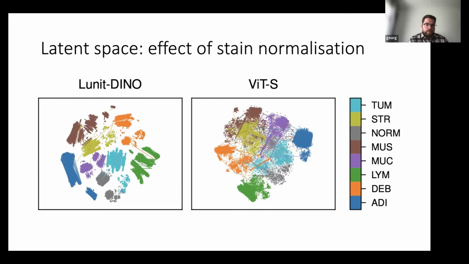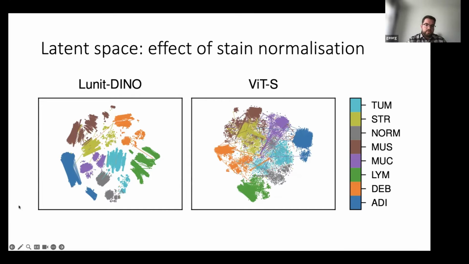And we draw a line between the original point. So when we take a patch, we extract the feature vector from that patch, which gives us a point in latent space. And then we take the same patch, perform stain normalization, and then extract the feature vector. That gives us a second point in latent space. And we draw a line between these 2 points.